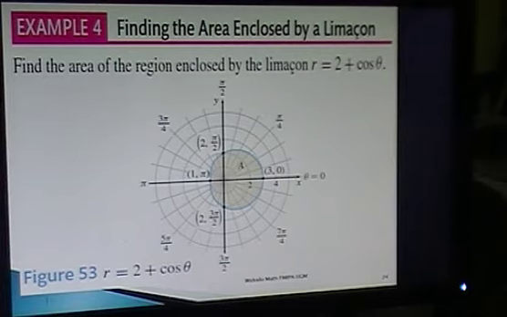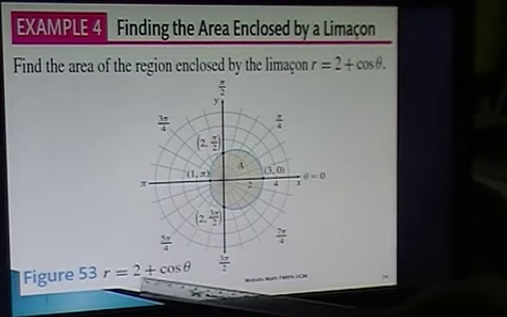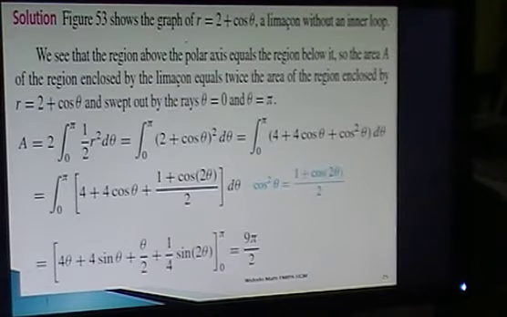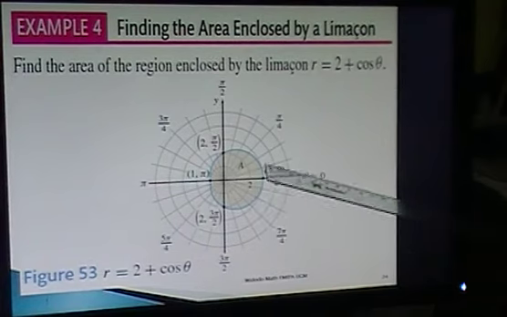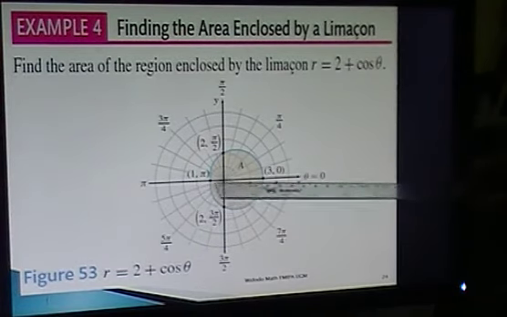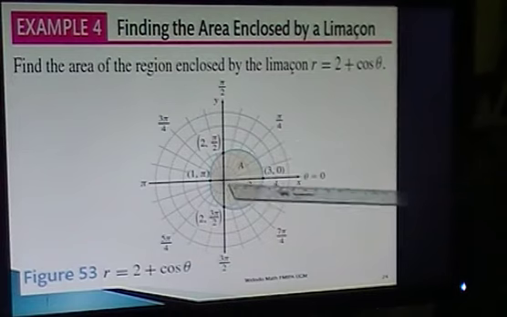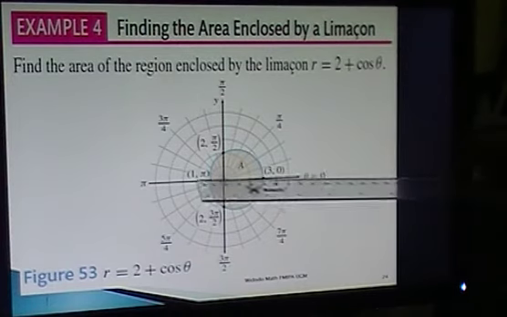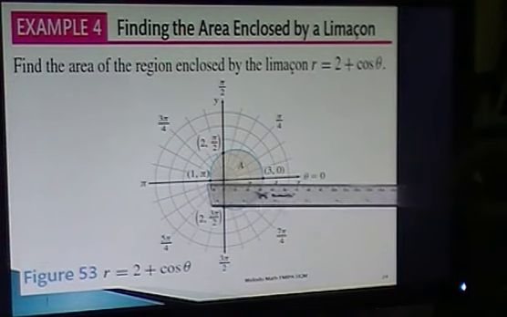By using the same way, by using the formula of the area in polar coordinates with r equal to f(theta) equal to 2 plus cos theta, then we can calculate one half. We can calculate from 0 until pi, because this picture is actually symmetric with respect to the x-axis.